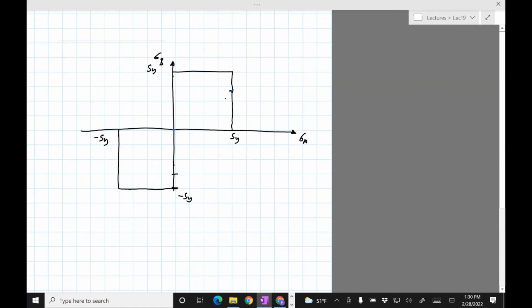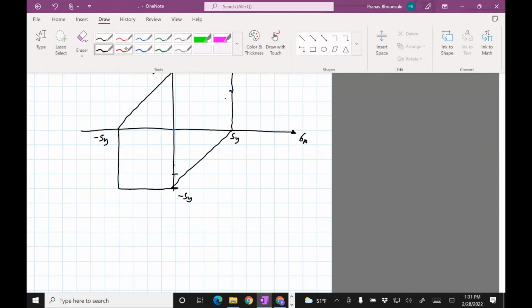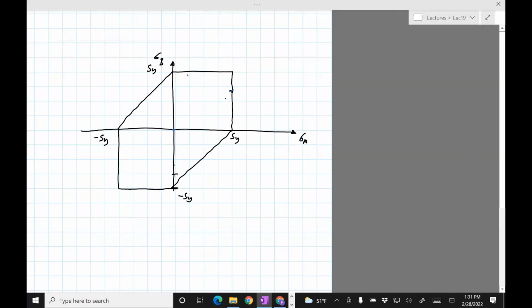And so we just have to join these lines, they are at 45 degrees. Okay, so once we've drawn this, it's actually pretty easy to draw the ellipse. It passes through all the corners of this hexagon.